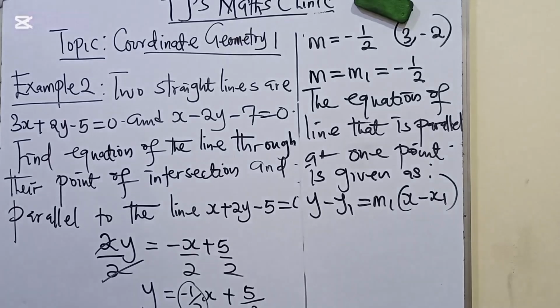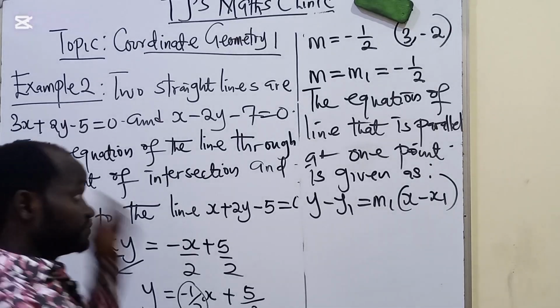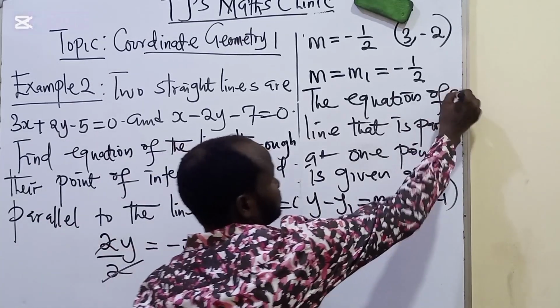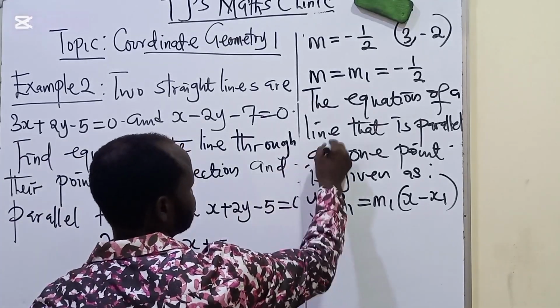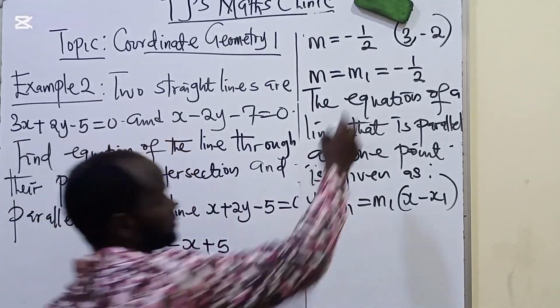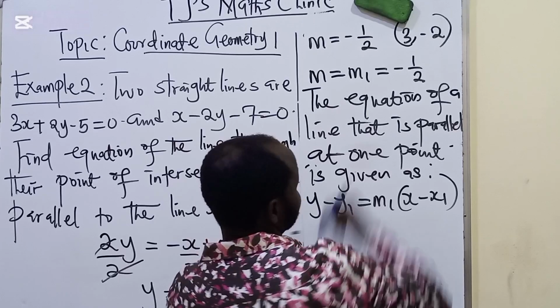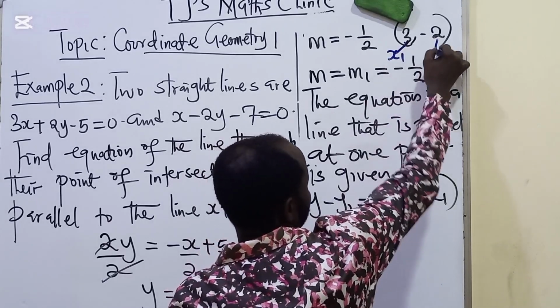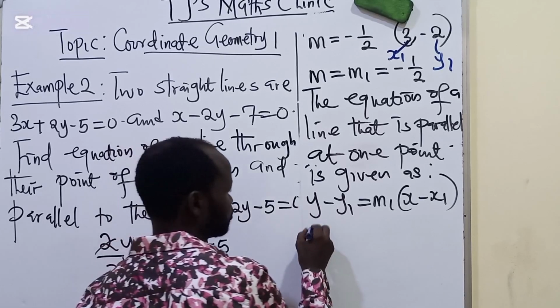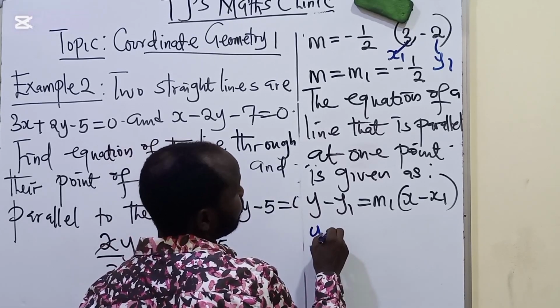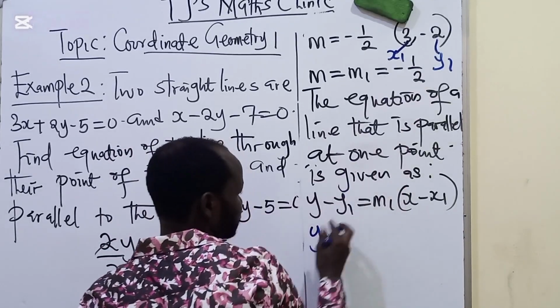This is the equation of a line that is parallel at one point. So let's substitute. Since we know our x1 as 3, then y1 as minus 2. So it's just a question of substitution. This will be y. y1 is minus 2, minus times minus is positive.